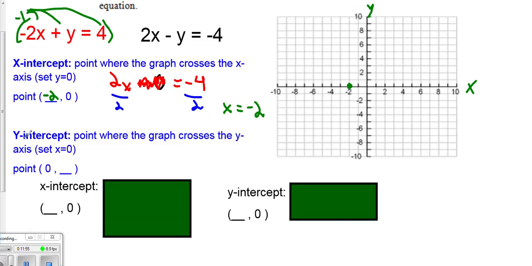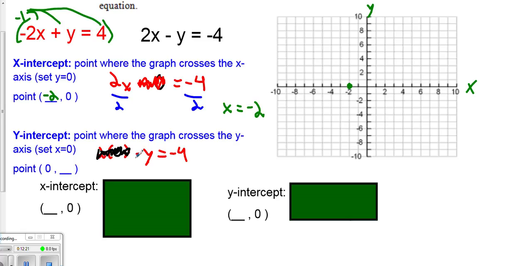Same thing. If we use our y-intercept, we're just plugging in 0 right here. So it's 2 times 0 minus y equals negative 4. Well, 2 times 0 is just 0, so we can get rid of that.